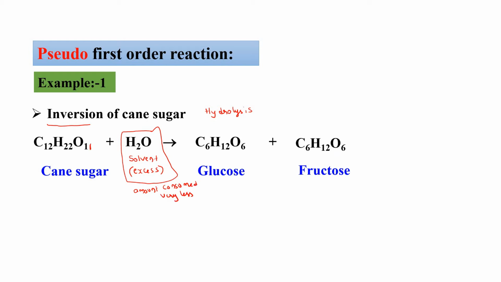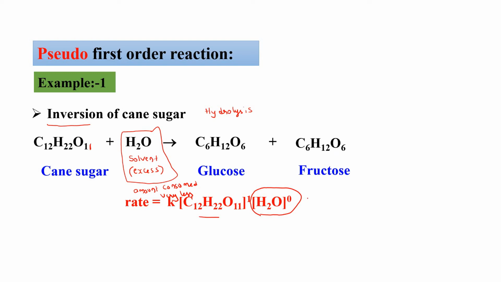Water is consuming very little. Because of this, when you write the rate expression, K into concentration of cane sugar, concentration of water, you are not considering water for the rate expression.